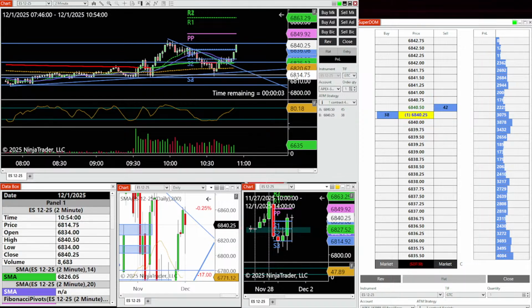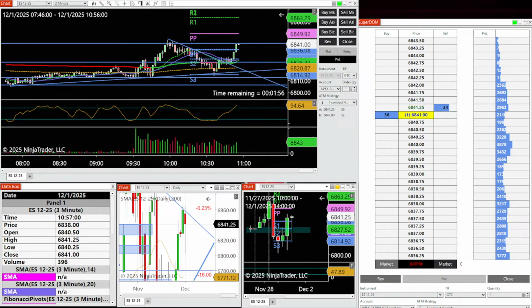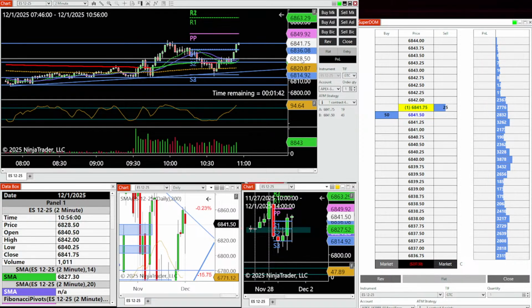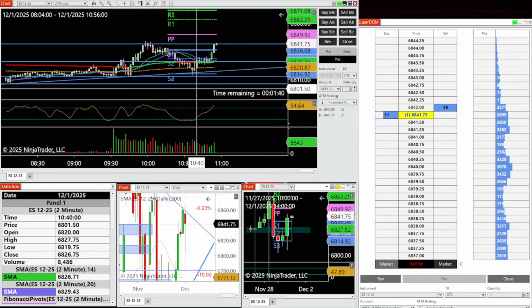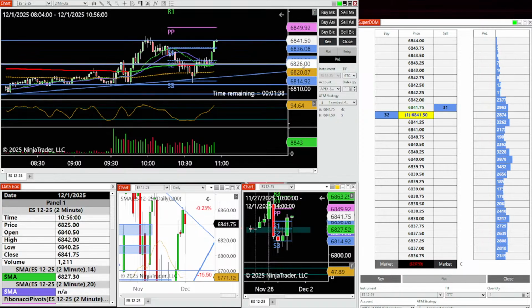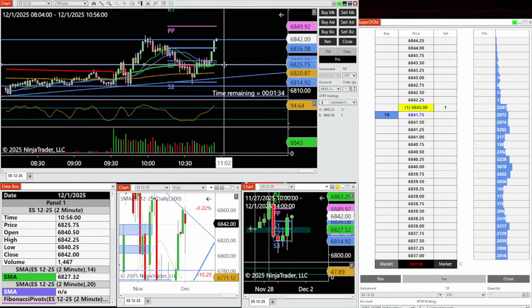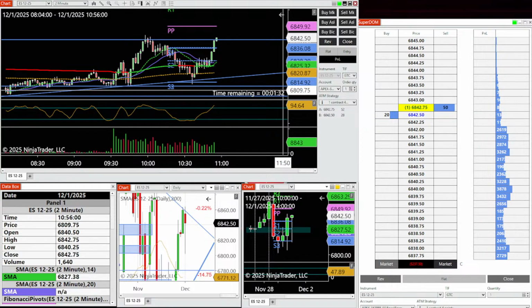But we can get rid of this. Start to get rid of some of these lines so we can see the charts a little better.